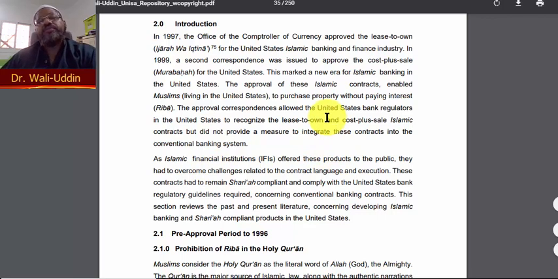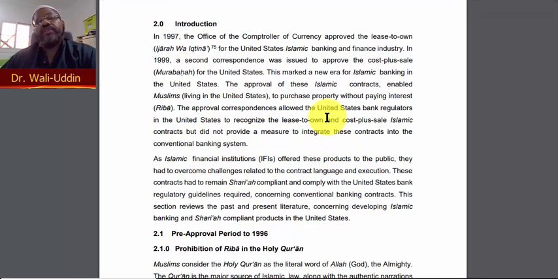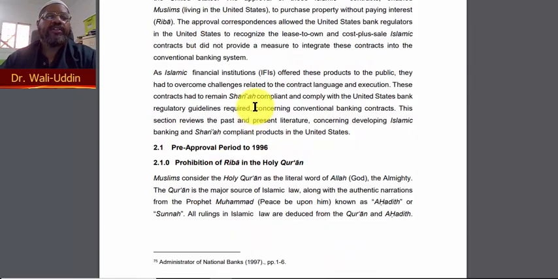So here we have, although these were approved, they didn't give us the how to implement it into the system. So this was left up to the banks to come up with a way to implement these rulings.